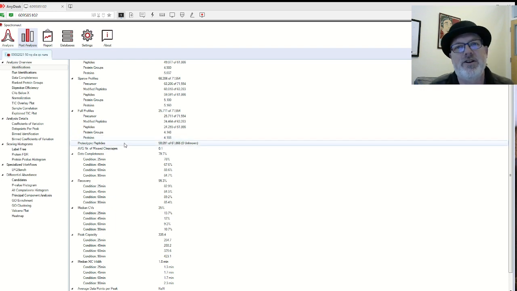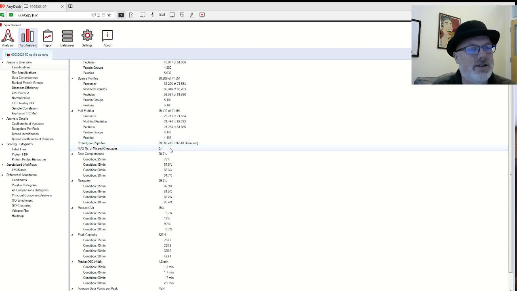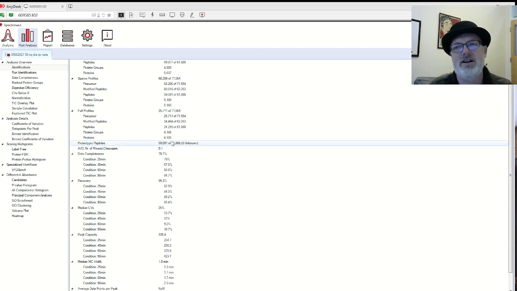So data completeness, this is an interesting proteotypic peptide. A lot of people use the word proteotypic differently. Unfortunately, it's defined differently by different groups. I think this is the standard way to define it, or maybe it's the most current way. The way it's defined here is that proteotypic peptides are peptides that are specific to a protein. So this peptide was only found in one protein. I believe that's the definition Spectronaut is using.